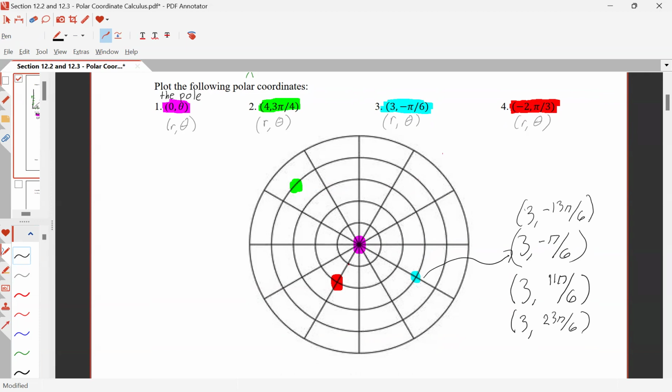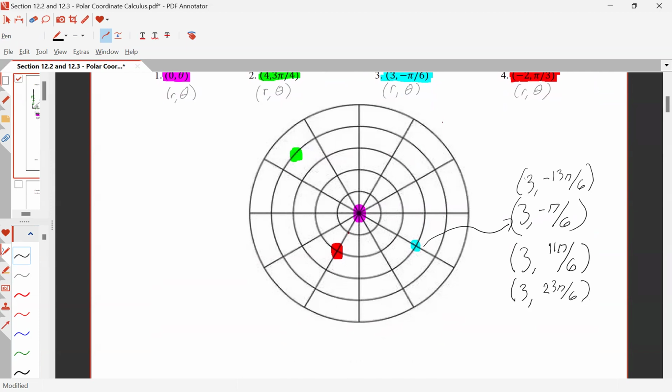The other thing to note is I could, instead of having that positive radius, I could have a negative radius, negative 3, and instead find the angle that gives me this point here in black, which is the angle 5 pi over 6.